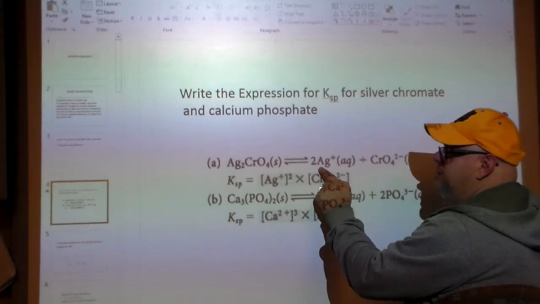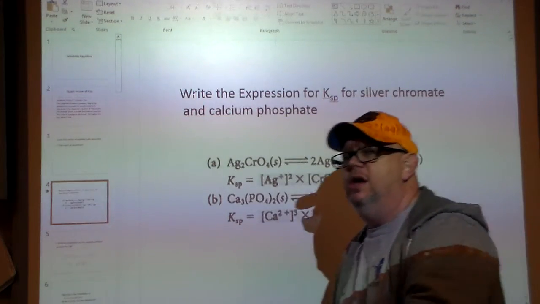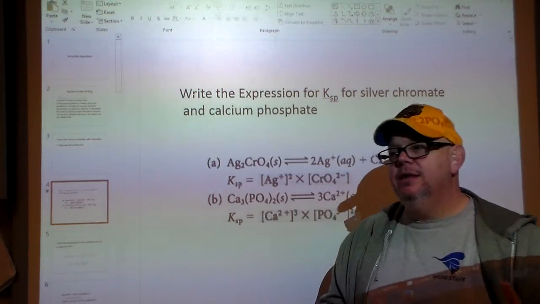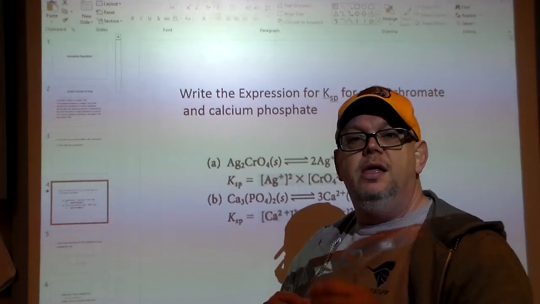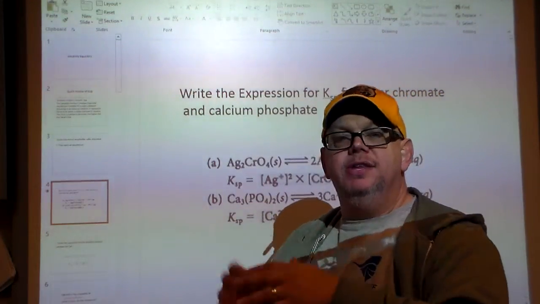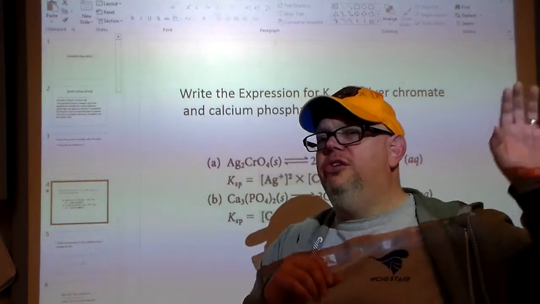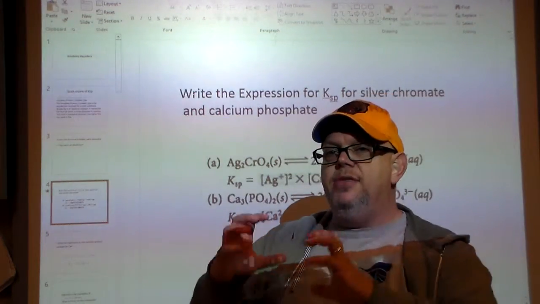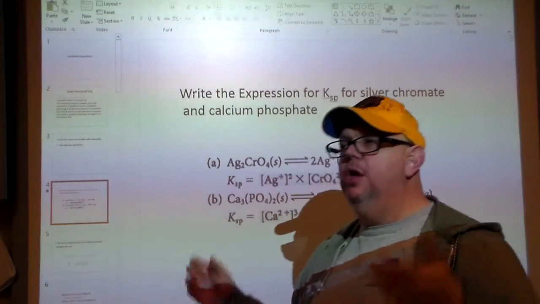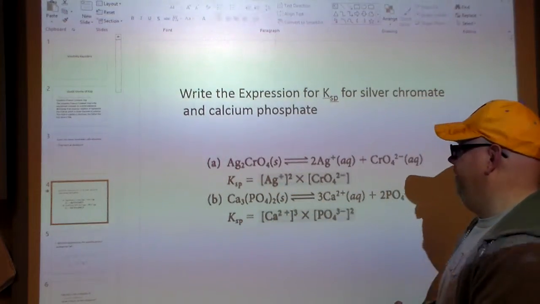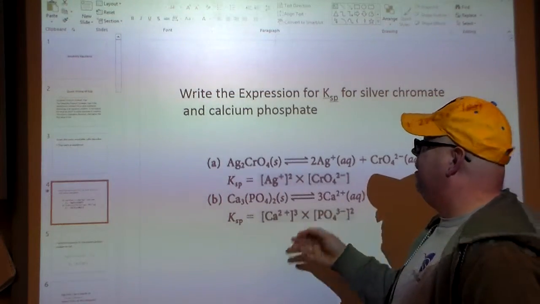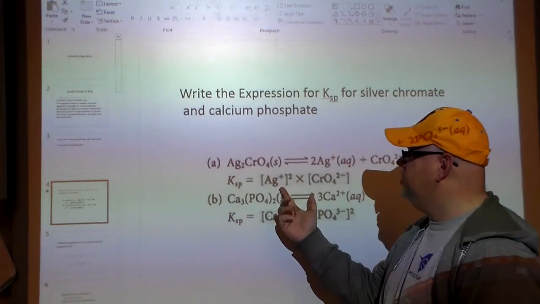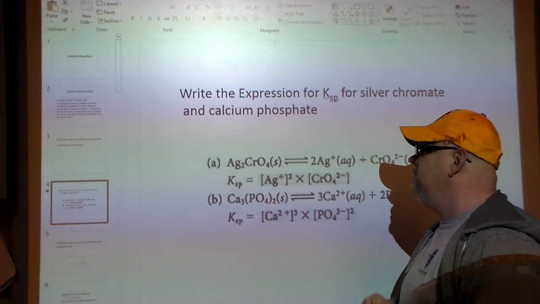Back in chapter 14 we started talking about equilibrium and the basic formula that K is equal to the concentration of the products to the nth power divided by the concentration of the reactants to the power. That's what we have here. So our Ksp expression is equal to the concentration of silver squared times the concentration of the chromate.